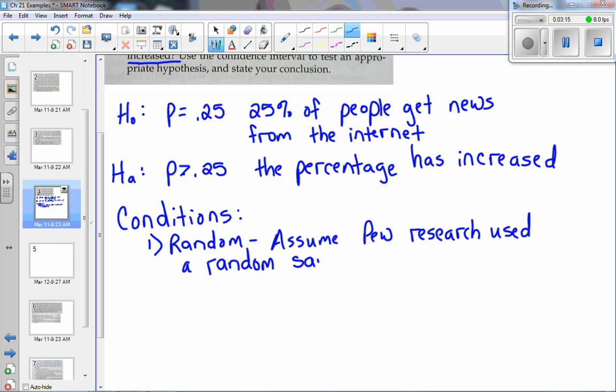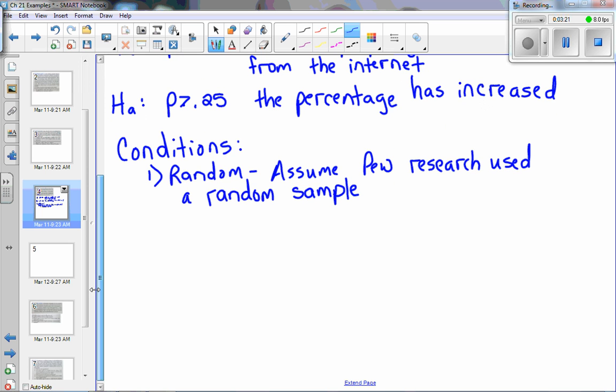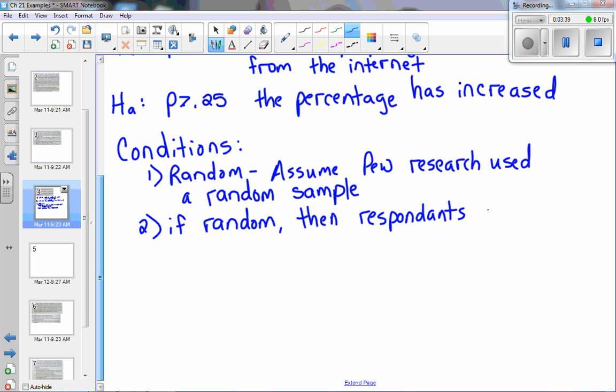And this is a reputable research company. Maybe not as well known as Gallup, but definitely this would be something that they would do a random sample. If random, then respondents should be independent.